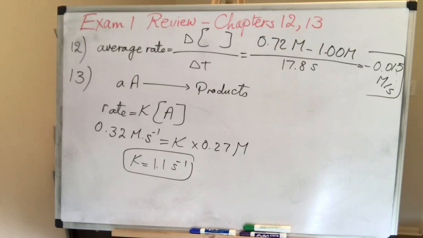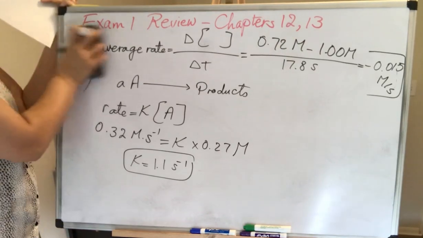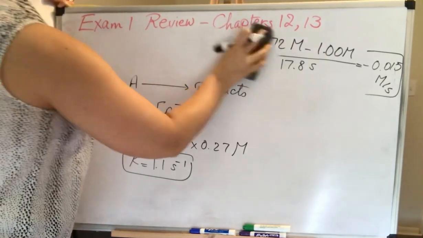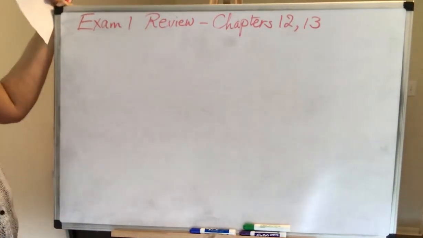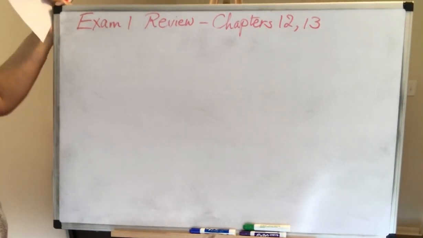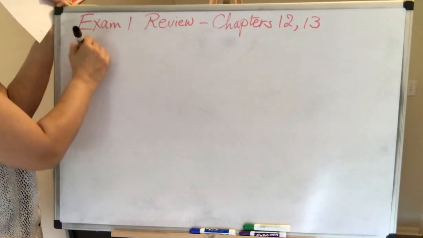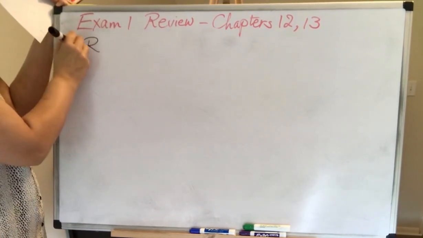All right, let's move to the short answer for question number 14. It's very short and easy. Only from the rate law, find out the reaction order. Question number 14.